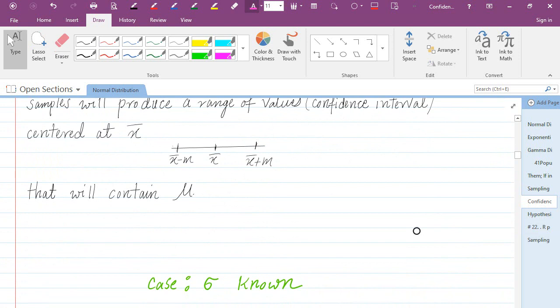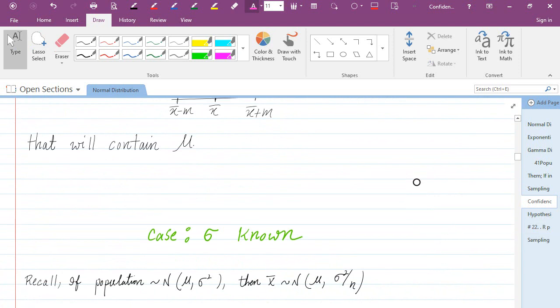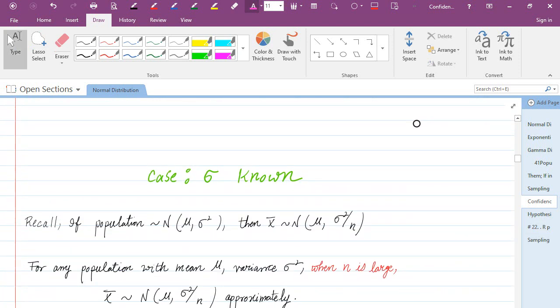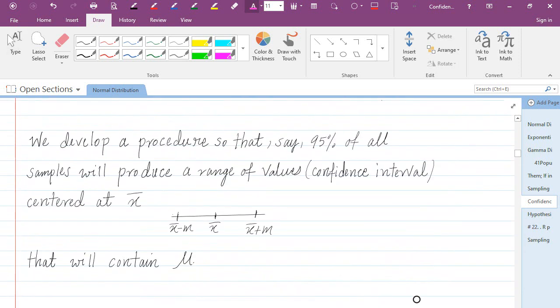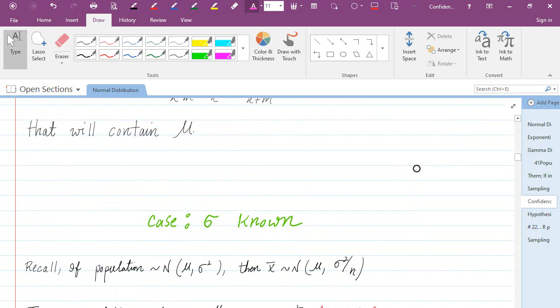One is that we know the standard deviation of the population, that is sigma. One case is sigma is known. So in our example of BGSU students and their height, sigma would be the standard deviation of height for the entire population, and we're going to assume that we know that.